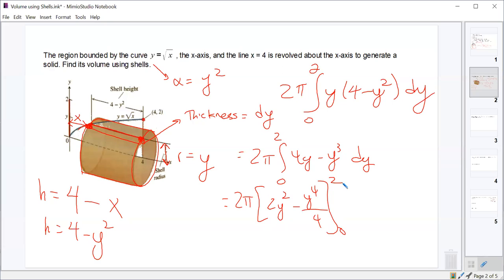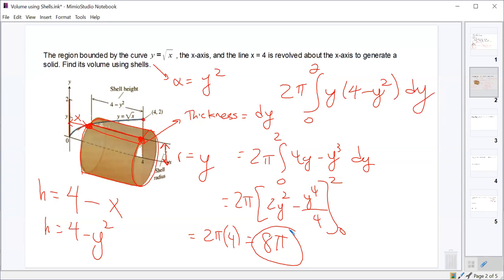So we'll just plug in 2. We end up with 2 pi times, now that's going to be 8 minus 4. Everybody good with that? Yeah, we're all good. Zoom, good? Good. Yes. Good, Zoom. All right.